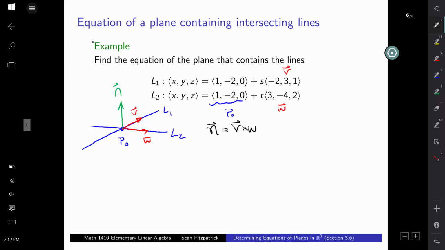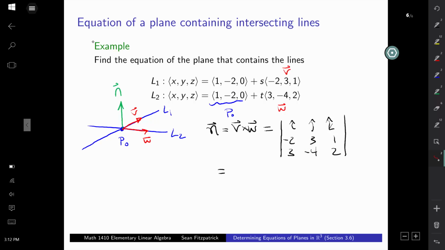V cross W. So as usual, we'll set this up as a little 3 by 3 array. We have -2, 3, 1 for the vector V. We've got 3, -4, 2 for the vector W. And we compute this. For the i component, we've got 3 times 2, that's 6.